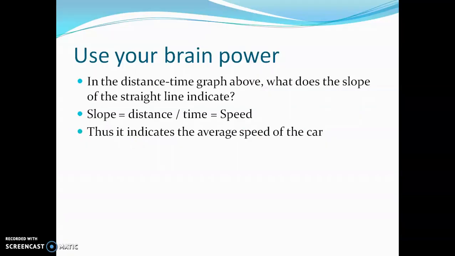Use your brain power on page 6. In the distance-time graph above, what does the slope of the straight line indicate? So slope is equal to distance upon time, that is speed. Therefore, it indicates the average speed of the car.